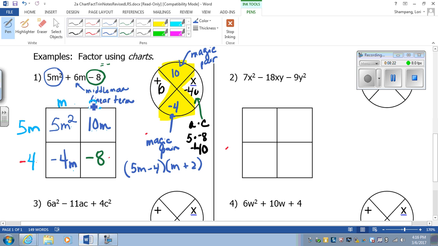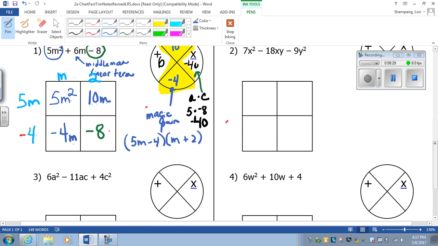So the neat thing about factoring is that you can multiply those two binomials together and arrive back at our original trinomial. So let's try that. We have 5m times m, which is 5m squared. So that's my F in FOIL. I'm going to do my outer, which is my 5m times 2, so that'll be plus 10m. Then my inner is negative 4m.